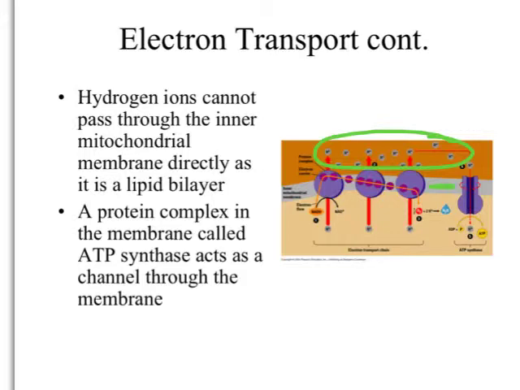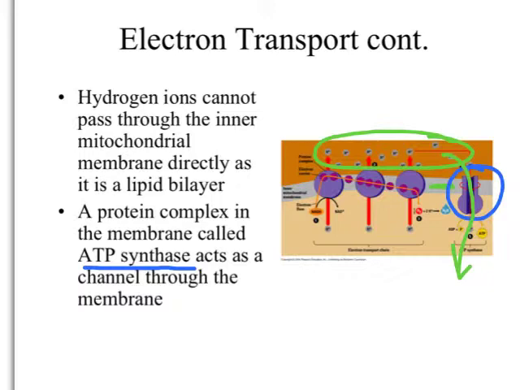This is what we call the ATP synthase protein. That's this one right here, that basically channels all of that high energy hydrogen back through it to the other side, where they're like, oh, okay, I can do this. There's lots less of us over here, and we can handle this.